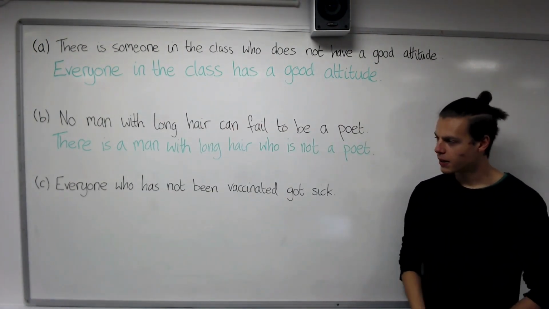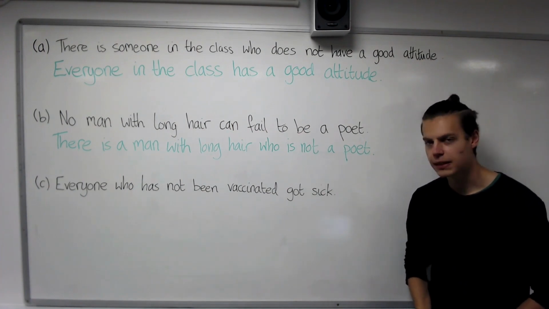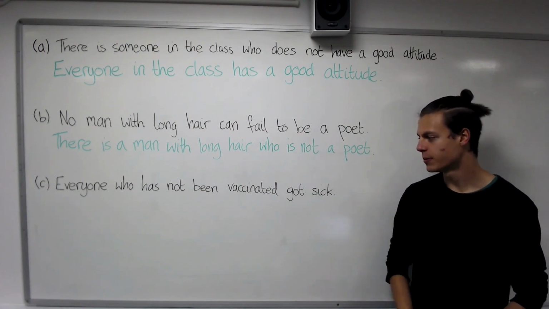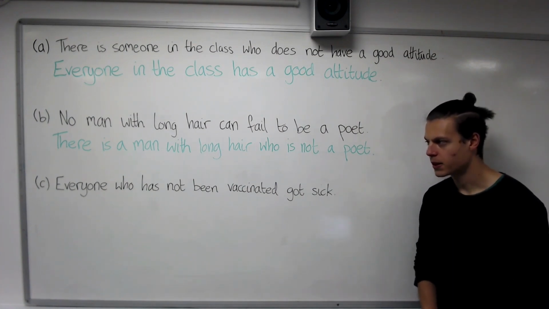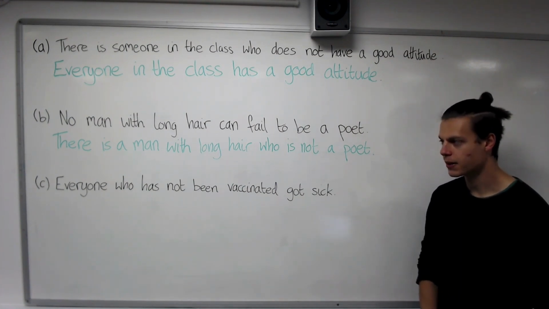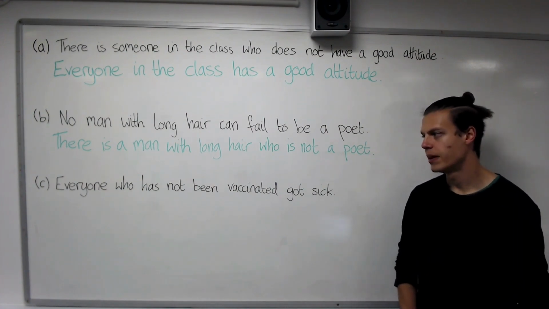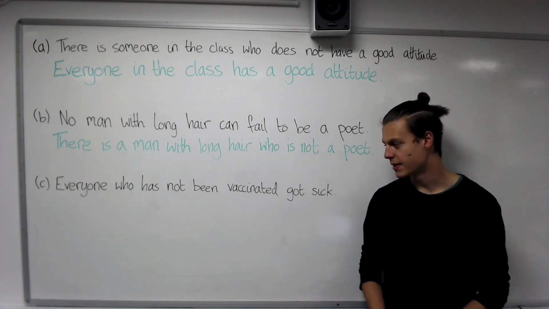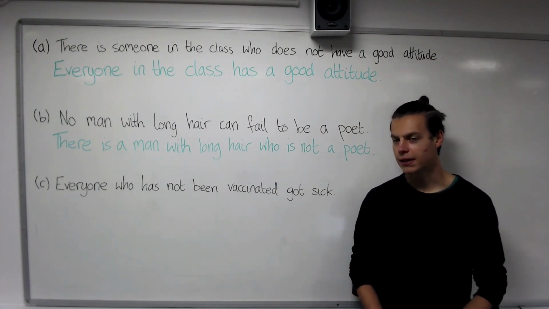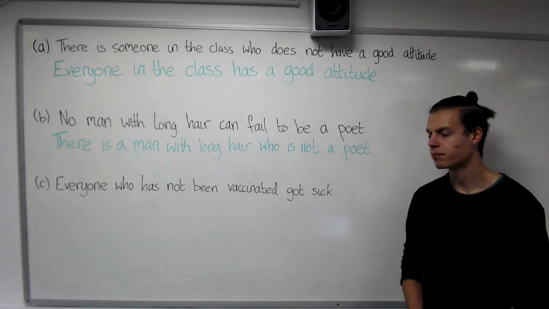And finally, our third statement says, everyone who has not been vaccinated got sick. So if this were not true, right, the negation of this would be, there is someone who has not been vaccinated but did not get sick, right?